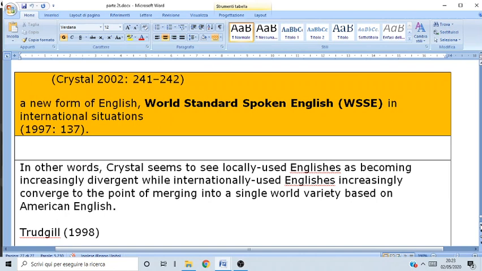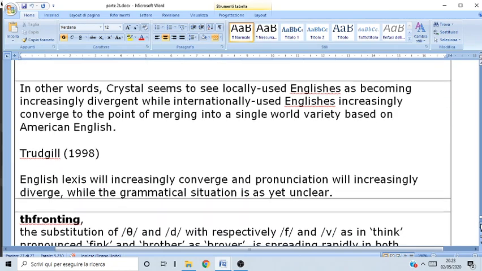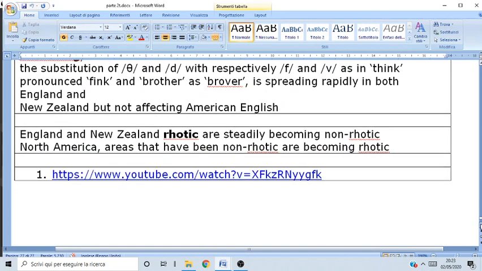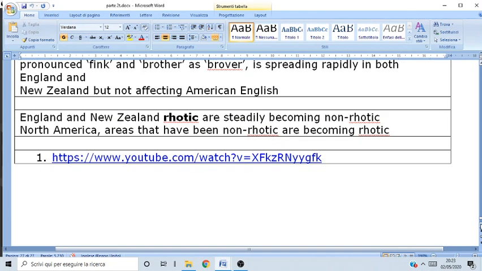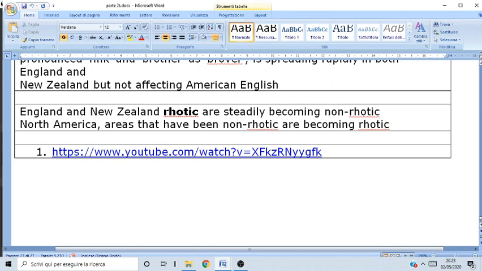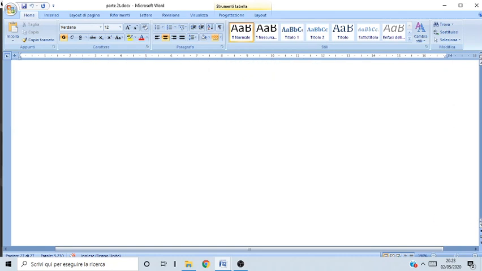And conversely, when English is used at a local level, these varieties tend to become increasingly divergent. Okay, they tend to gain features that belong to the local language. And that's more or less what we did yesterday.